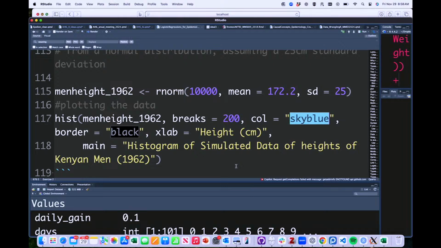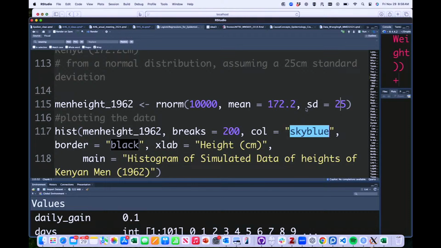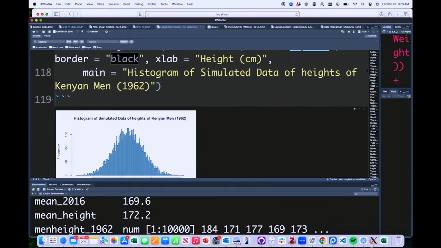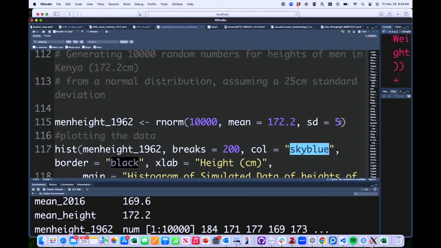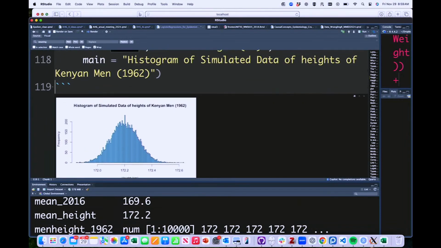So what happens when you change the standard deviation? What happens?